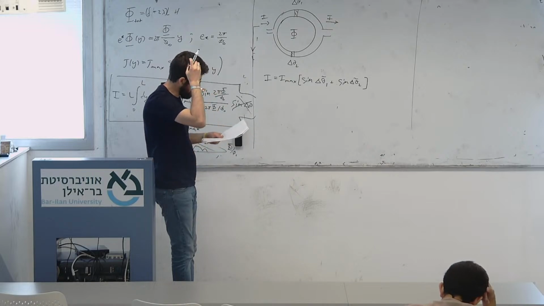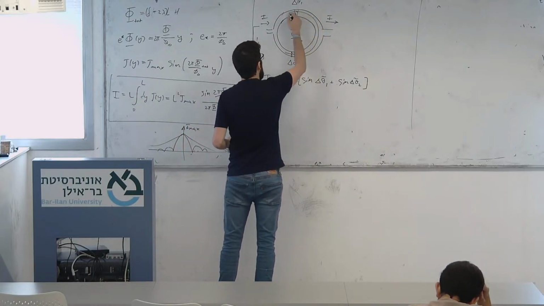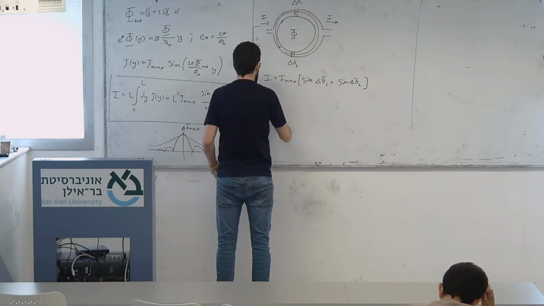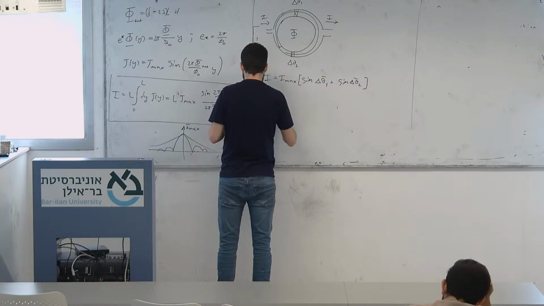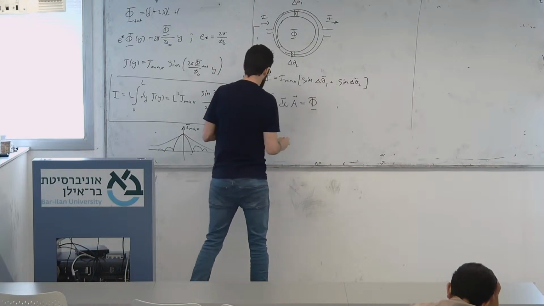Then we know that this flux, we can do a closed contour integral around the ring, dl dot A. This thing is just going to be equal to the flux.